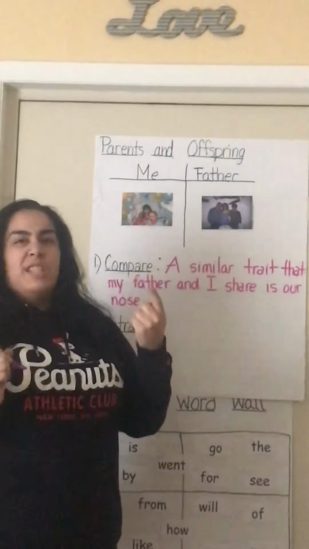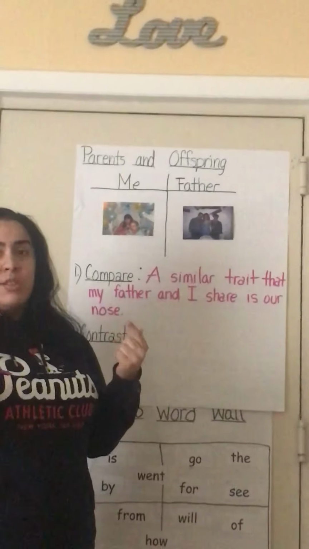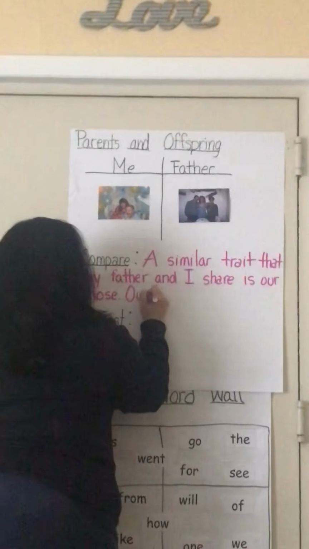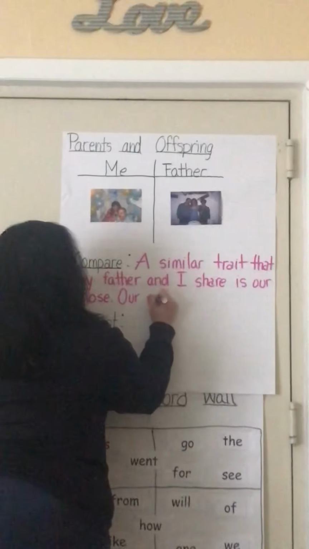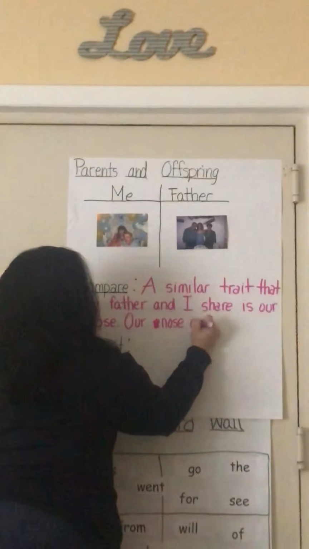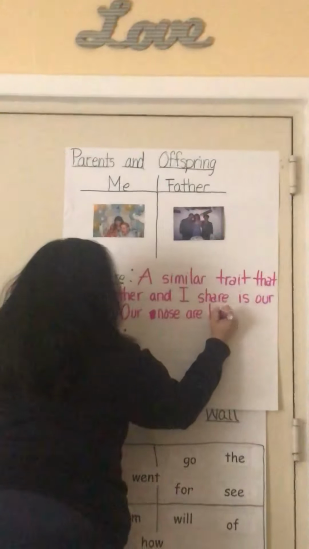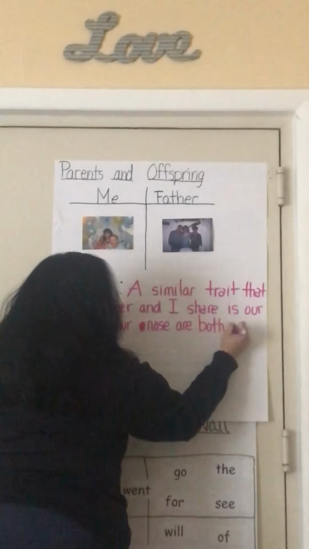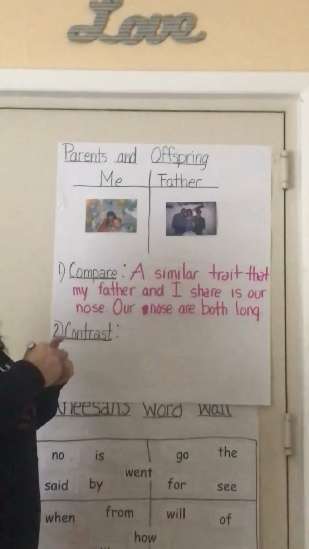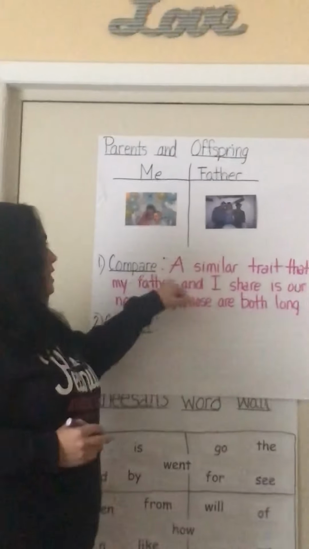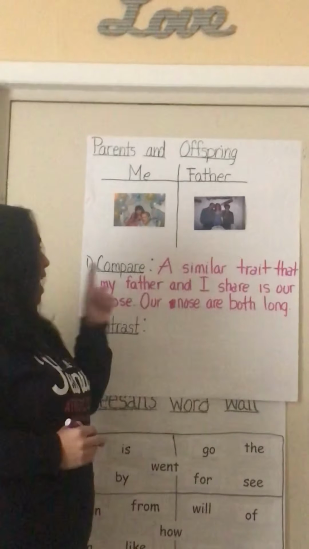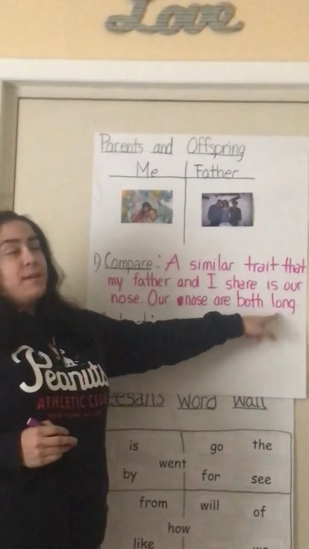I'm going to add one detail in regards to our nose, so why they're the same. Our nose, sorry, Miss Happy made a mistake. Our noses are both long. Okay, so what is the similarity in this sentence? That we both have the same nose. Why? Because they're both long.